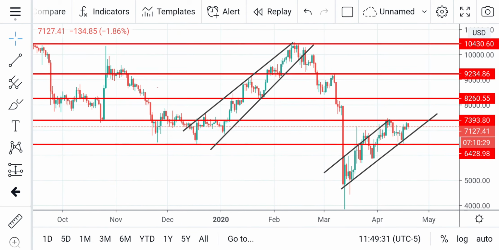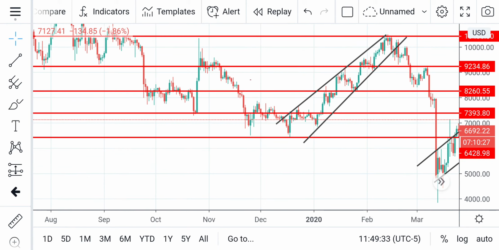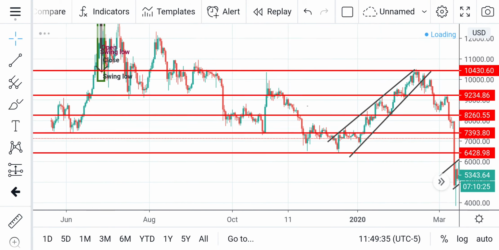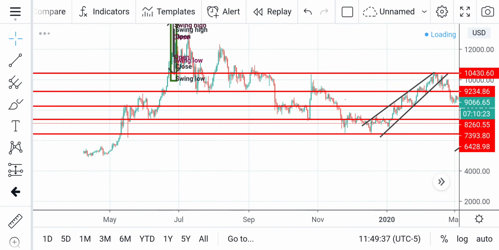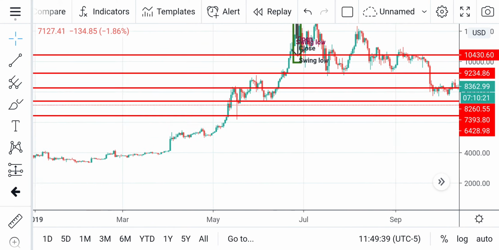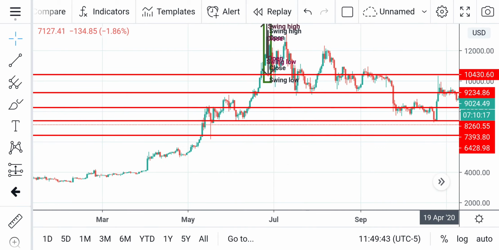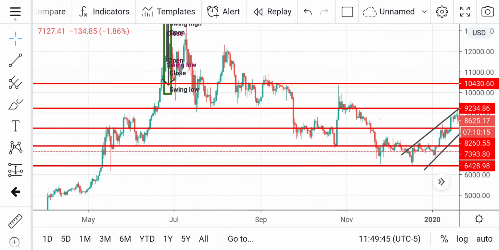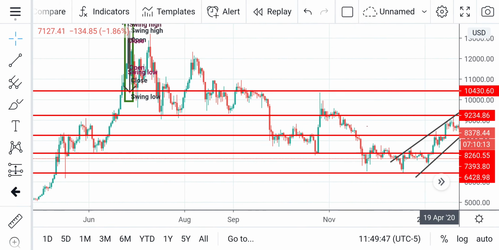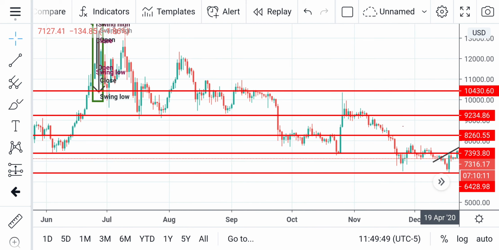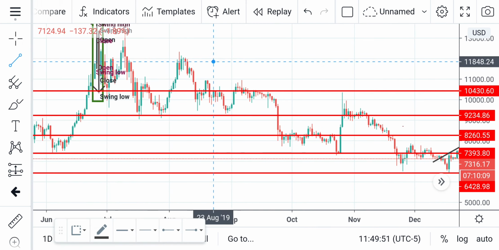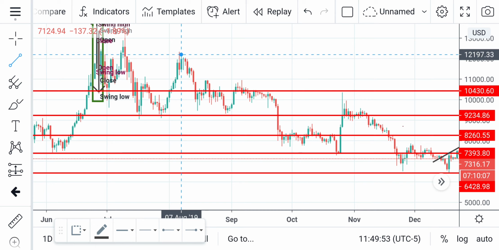Okay, so let's identify a downtrend. Looking at this, you can see that you are having lower highs.